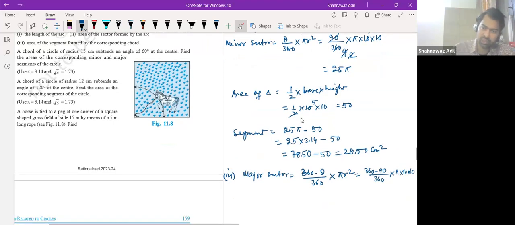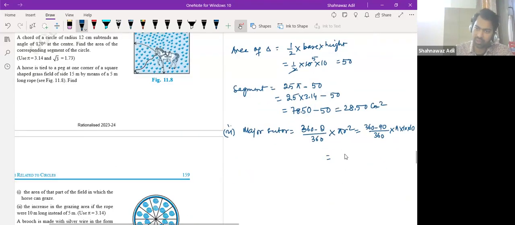So this would be 270 divided by 360 times 100 pi. Let us cancel this: 9 threes are 27, 9 fours are 36, and this is 25. So this is 75 pi.